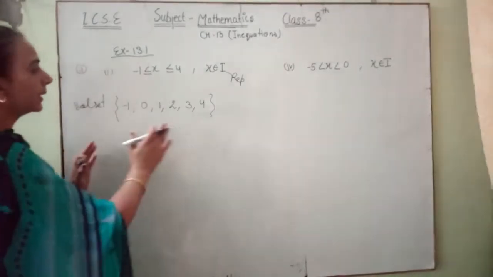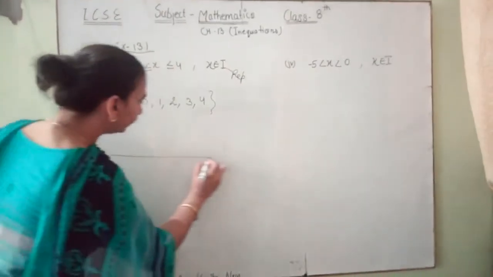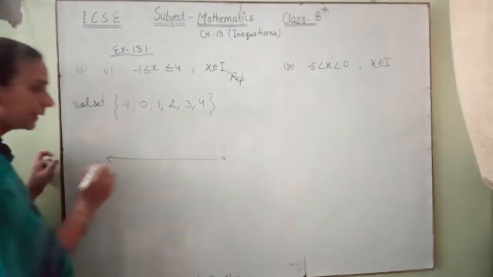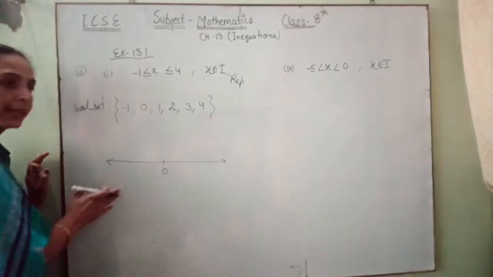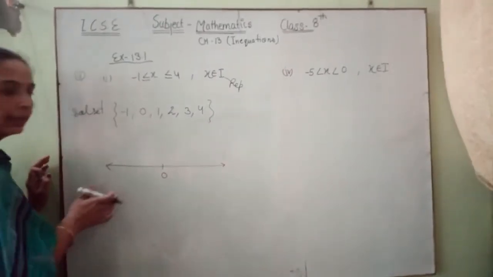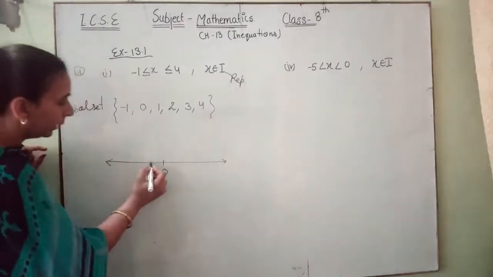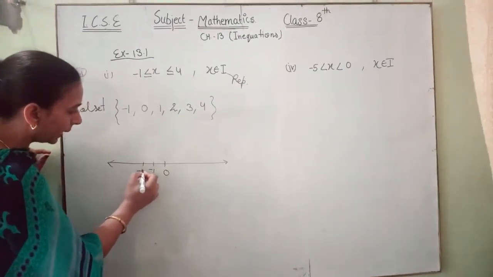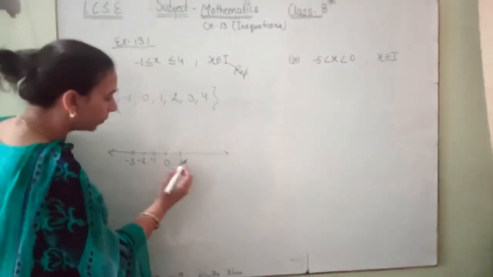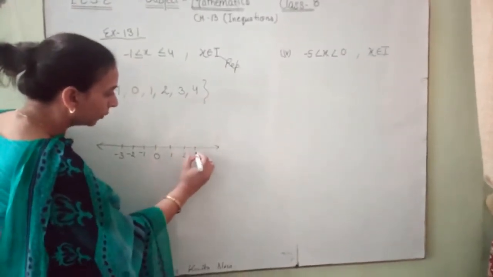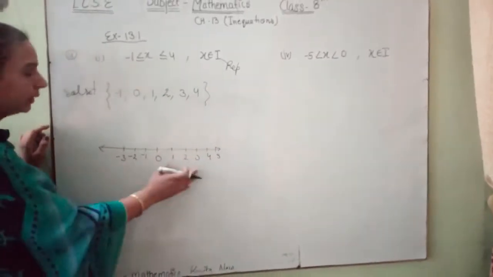Again we represent it on a number line. First we take a number line. This is a number line and we mark 0. Then on the left side of 0 are negative numbers and on the right side of 0 are positive numbers. Student, we take -1, -2, -3, and on the right side of 0 the positive numbers 1, 2, 3, 4 and 5, at the same unit distance.